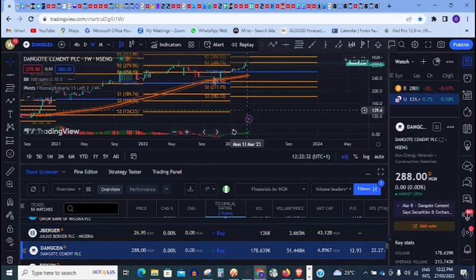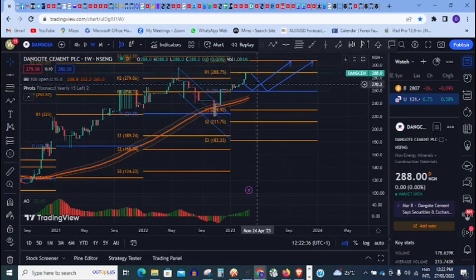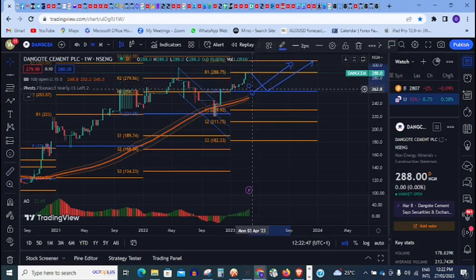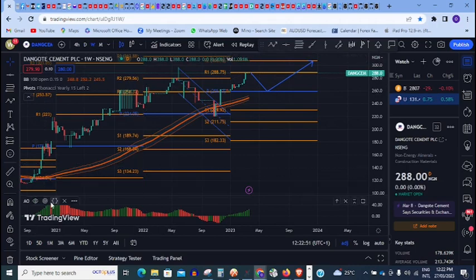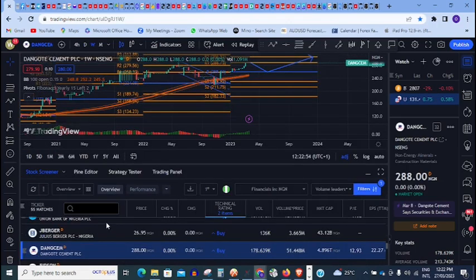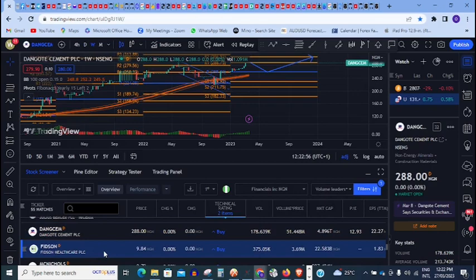Dangote Cement. Let me check for the entry. Already at a resistance. So this either follows this path, or okay, this path is no longer valid because market has already left our entry. So that's what I expect for Dangote Cement.